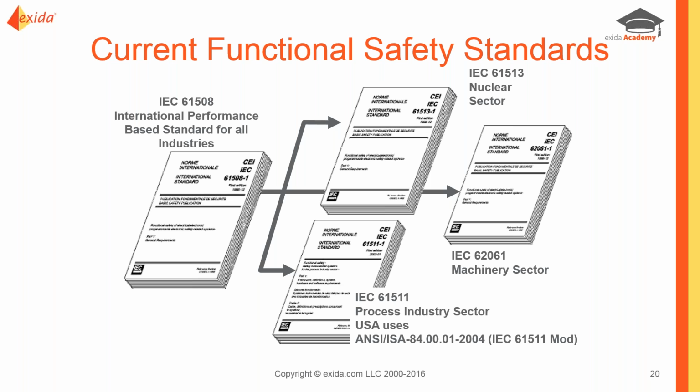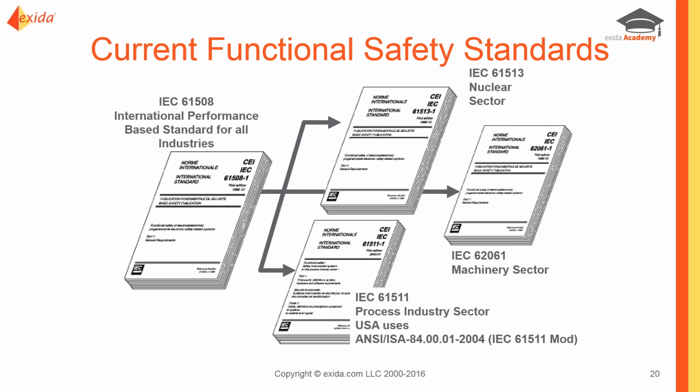When we look at the standards, IEC 61508 is the base standard for all industries, and then there are three industry sector versions: 61513 for the nuclear sector, 62061 for the machine sector, and 61511, which is the basis of this discussion, for the process industry sector.